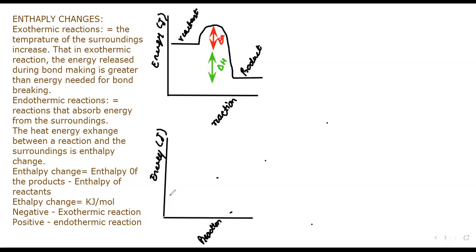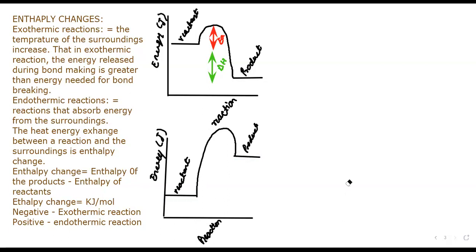In this scenario, our reactants are at a lower energy level and my products are at a higher energy level, right? So when I subtract product minus reactant, I end up getting a positive answer. As a result, a positive enthalpy change is associated with an endothermic reaction.